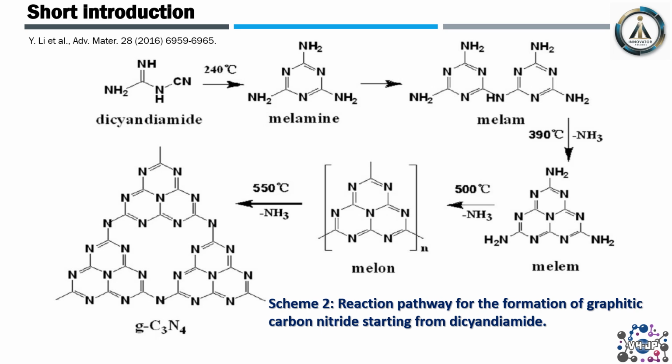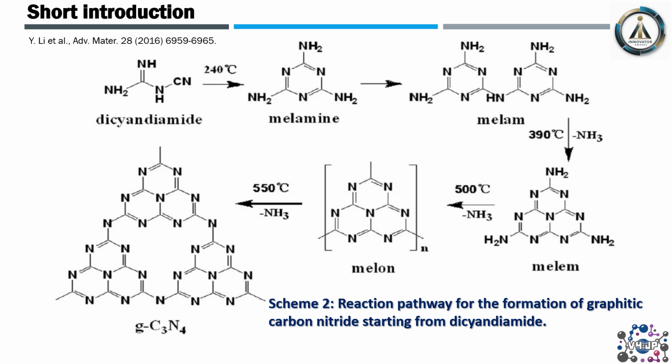So we could say that in general, grain size, pore volume, and surface area may affect the physical-chemical properties of different nanomaterials, such as graphitic carbon nitride as well.